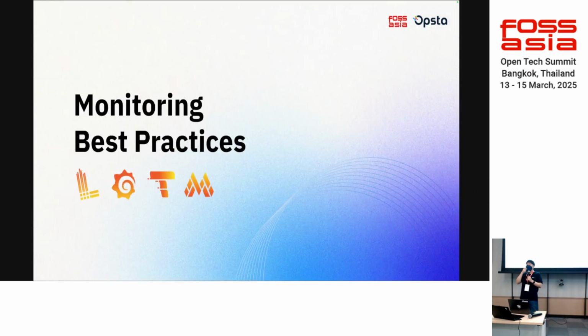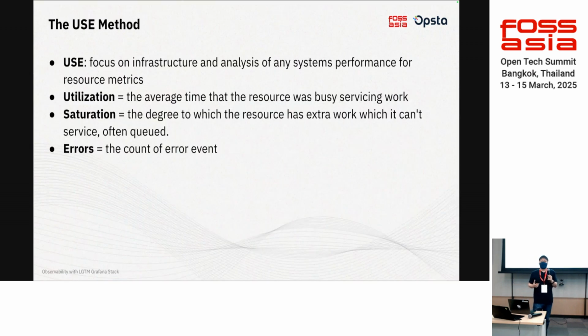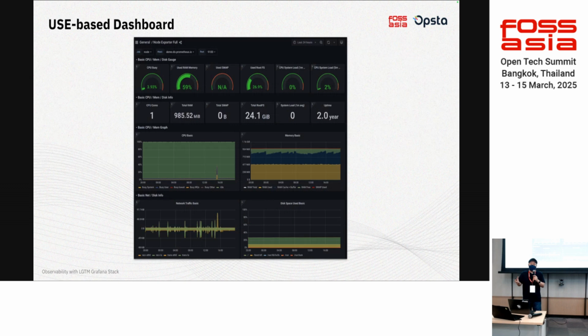And the last thing is about modeling best practice. When you do the modeling, everyone always uses what is called the USE method. The USE method focuses on the infrastructure, combining utilization, saturation, and errors. For this, you will see how utilized your system is.